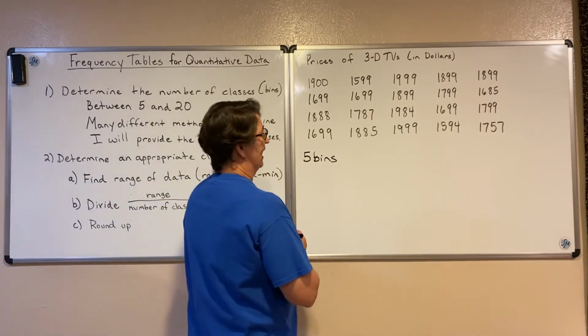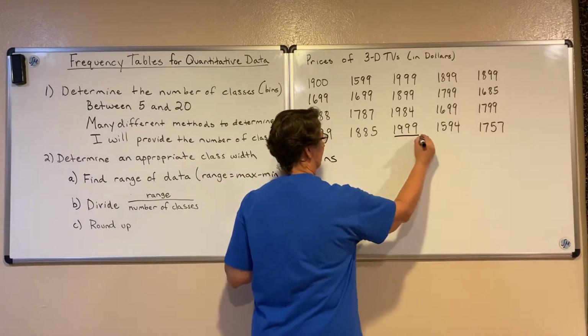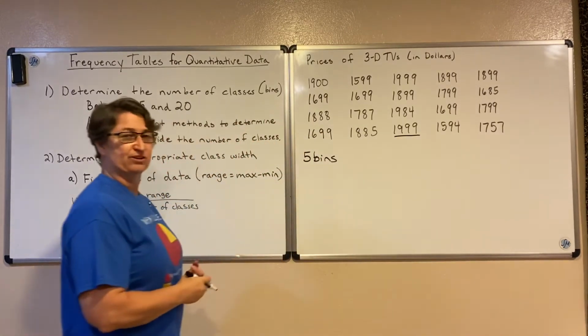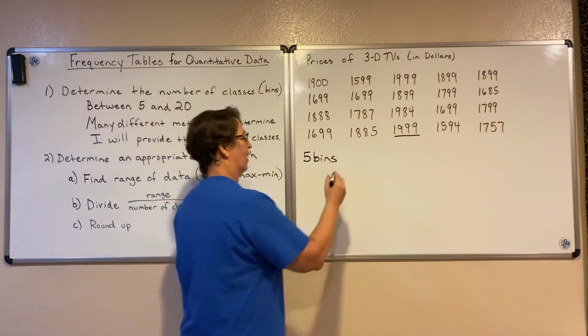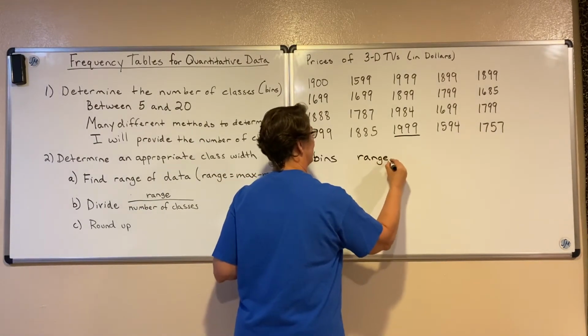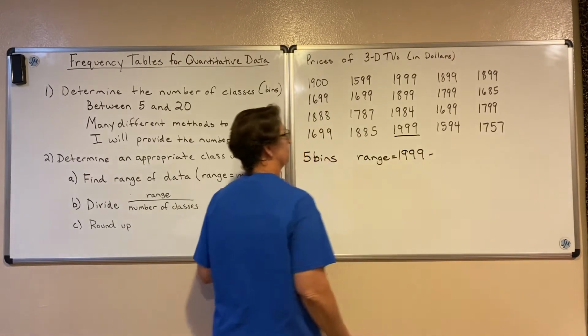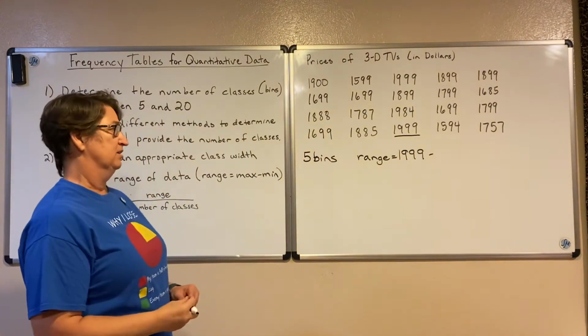In our case, our maximum number appears to be this $1,999. So I'm going to find the range, how spread out is my data. I'm going to take that $1,999 and subtract my smallest number.